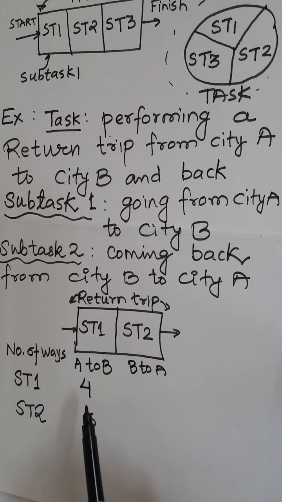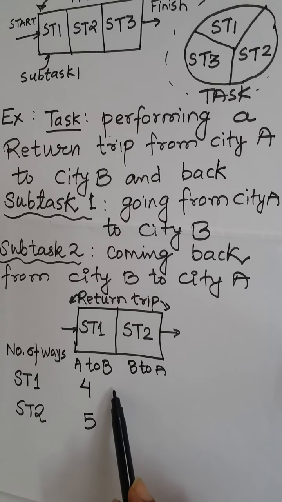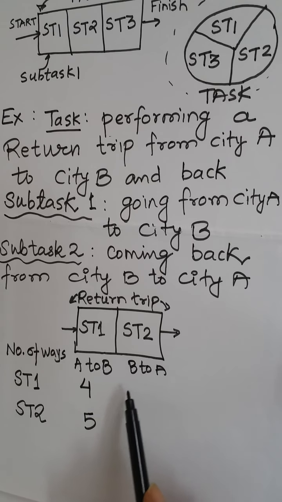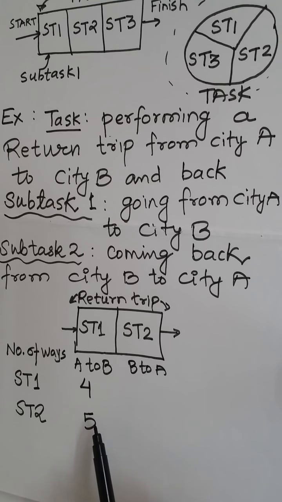He may go by bus, plane, cab or train in subtask 1, and coming back from B to A, he has 5 choices: bus, train, plane, cab, and a bike is also, let's say, available while coming back. It's his own bike or his friend's bike. How we factor in the number of ways of performing those subtasks, we will see later.